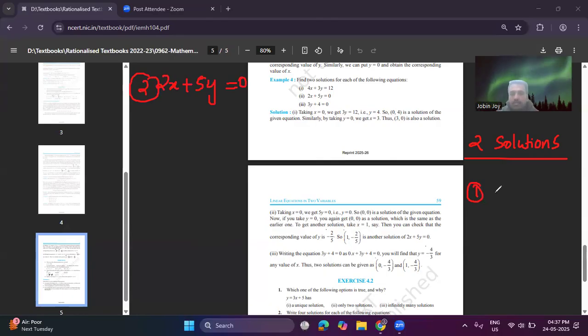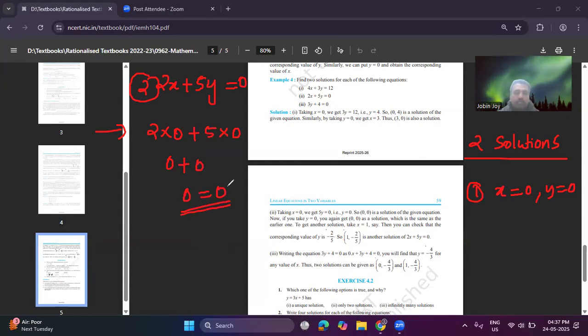So first, I am putting x equal to 0, y equal to 0, because RHS is 0, right? So 2 into x is 0 plus 5 into y is 0. 2 into 0, 0, plus 5 into 0, 0. So 0 plus 0, 0. So 0 is equal to 0, right? LHS is equal to RHS. So this is a solution of the given equation 2x plus 5y is equal to 0.